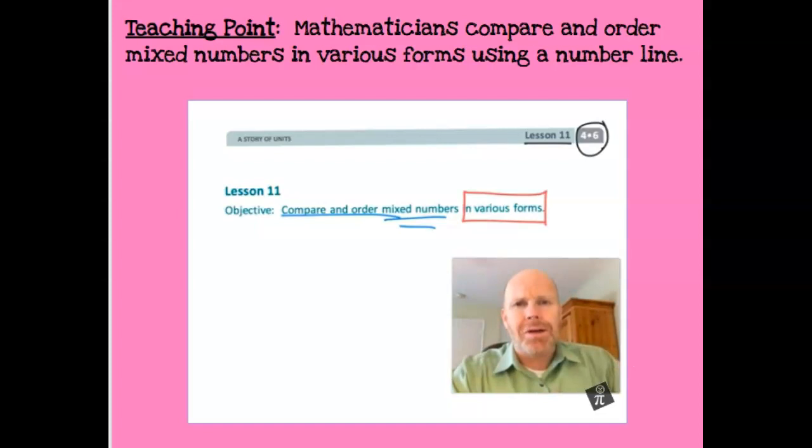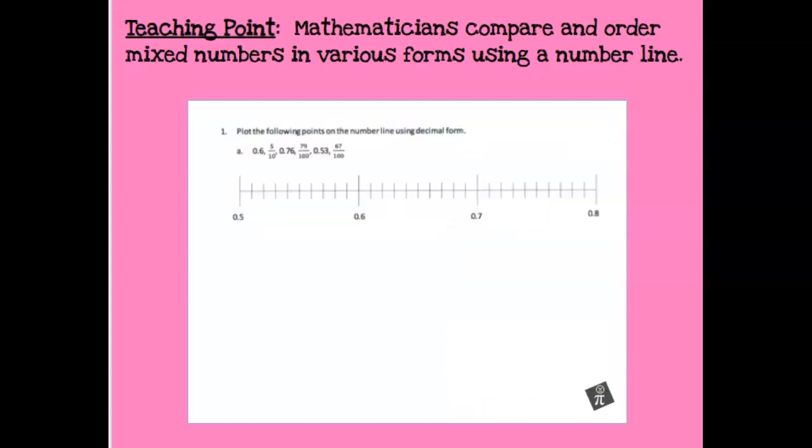So let's get started. We've got these numbers up here, and we're going to arrange them on the number line. Once they're arranged on the number line, that immediately tells you your order from least to greatest. All right, so let's get going.